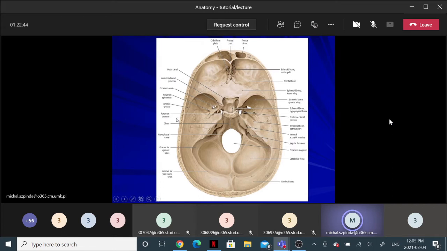And all these nerves from the second to the sixth refer to the middle cranial fossa. All remaining nerves, so half of the cranial nerves, we have 12 pairs, and so precisely half of the cranial nerves refer to the posterior cranial fossa.